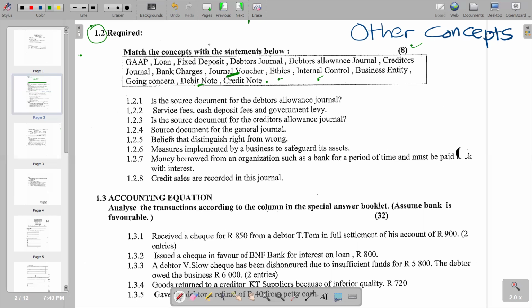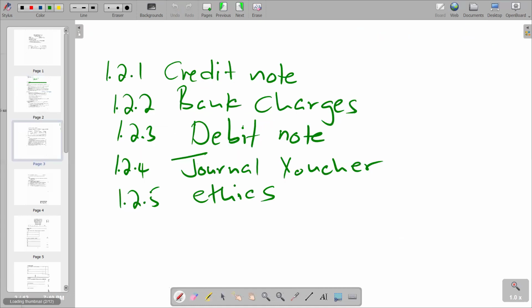Our statement says measures implemented by business to safeguard its assets, and assets are part of business resources. So basically, we are saying internal control. So that's 1.2.6.